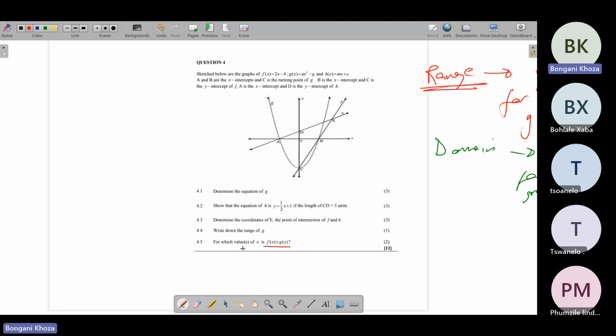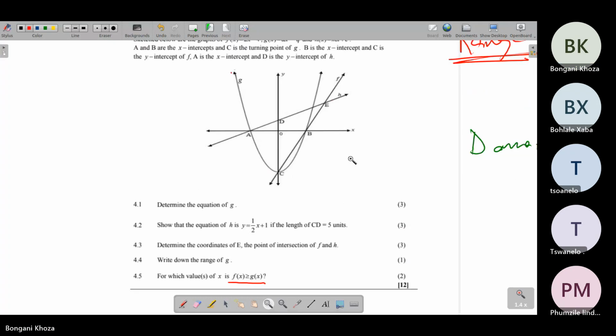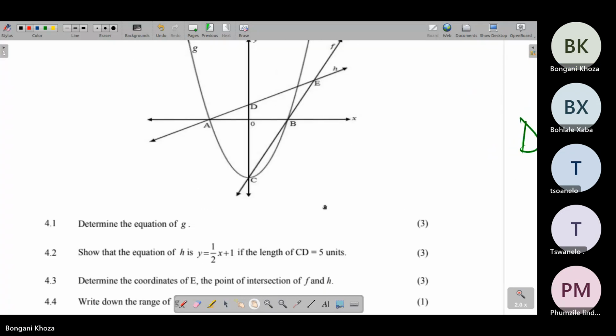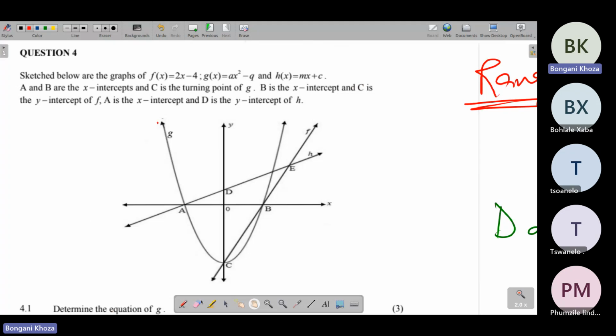We are asked for which values of x is f at x greater or equal to g at x. So what they are saying here, f at x and g at x. So g at x is this guy. f at x is, I think, this line over here.